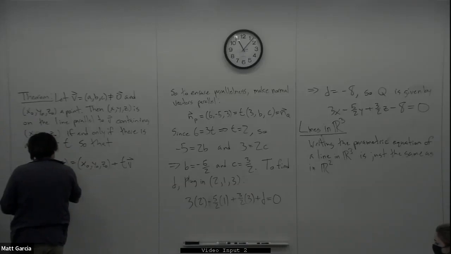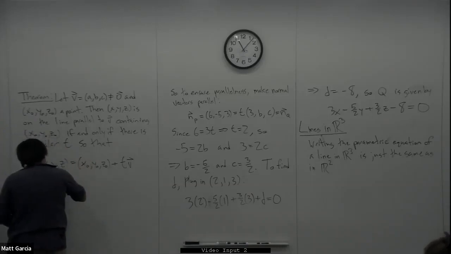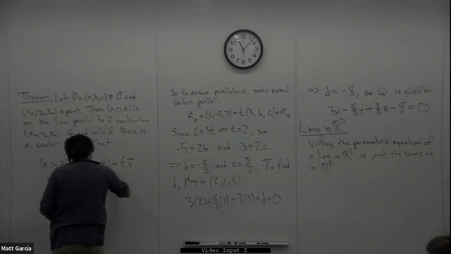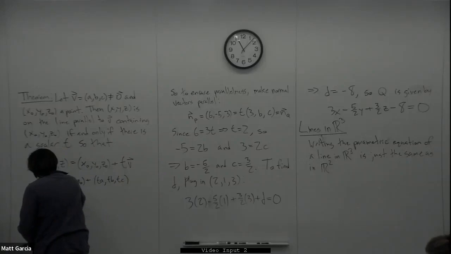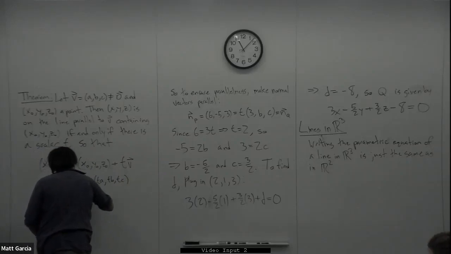Okay, so this, of course, can be expanded, just like we expanded the case in R2. Right? This is the same as (x naught, y naught, z naught) plus (ta, tb, tc), or if we like, we can combine this into a single vector, each of the components of which is an equation for a line that we're familiar with.